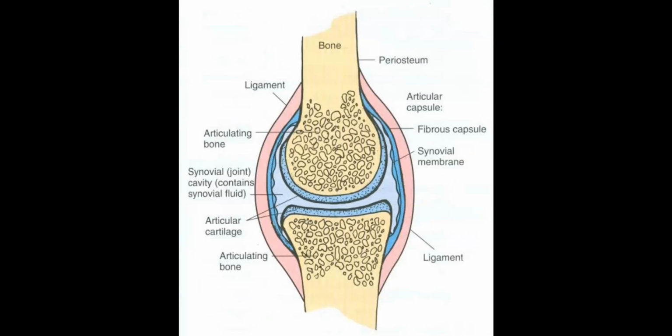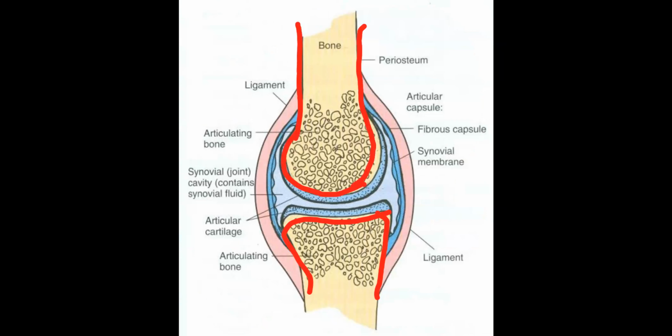Now, before I go in detail, just understand the synovial joint concept before I explain the types. Let's say these are the two bones at the joint position. This is the one and this is the another one.